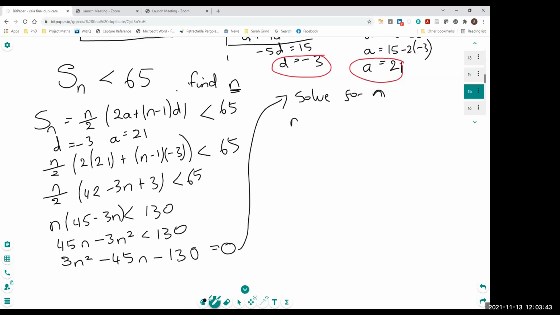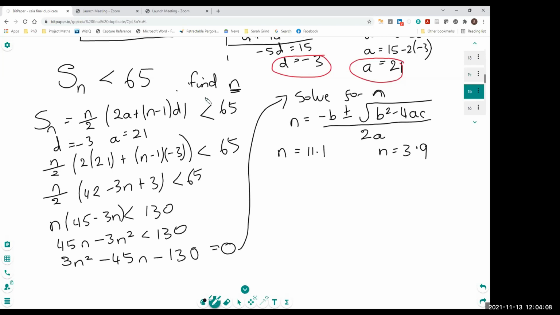And you have to use n is equal to minus b plus or minus the square root of b squared minus 4ac, all over 2a, another formula that's in your tables. And when we solve that, we get n is equal to 11.1 and we get n is equal to 3.9.